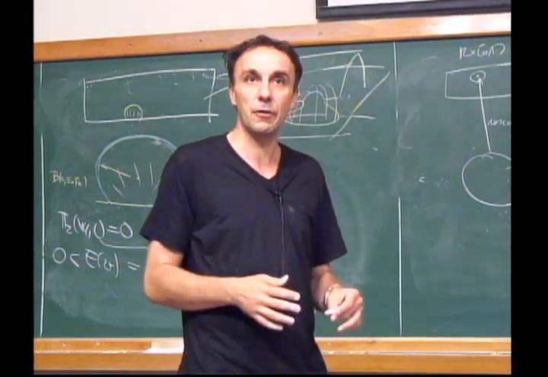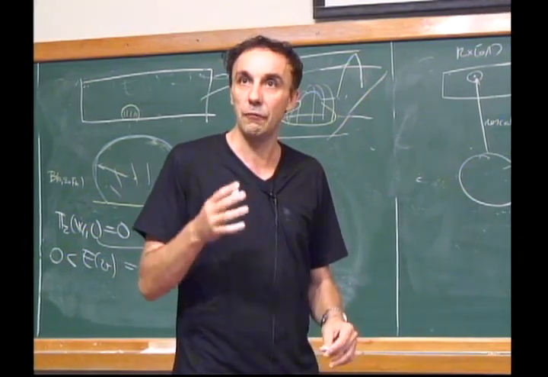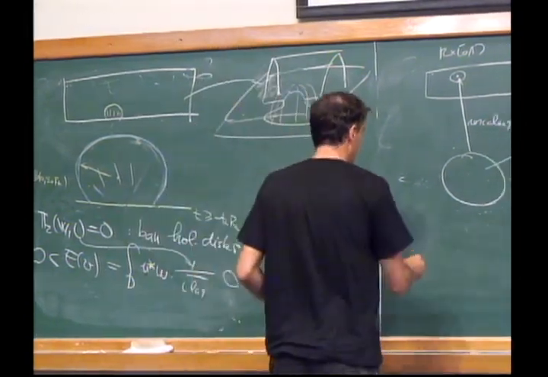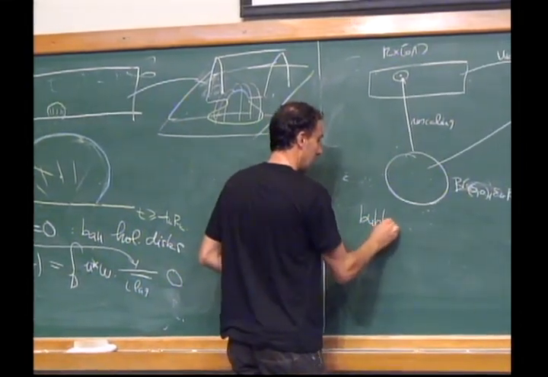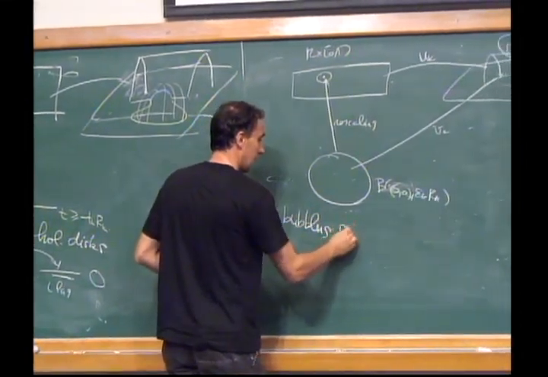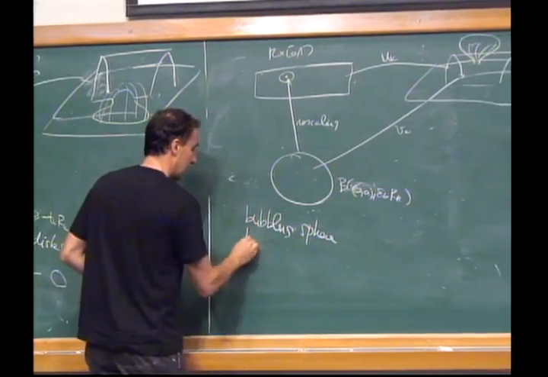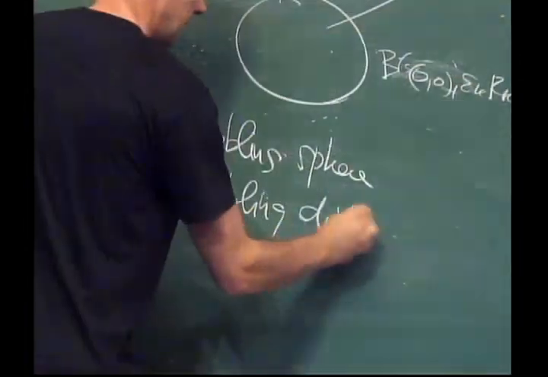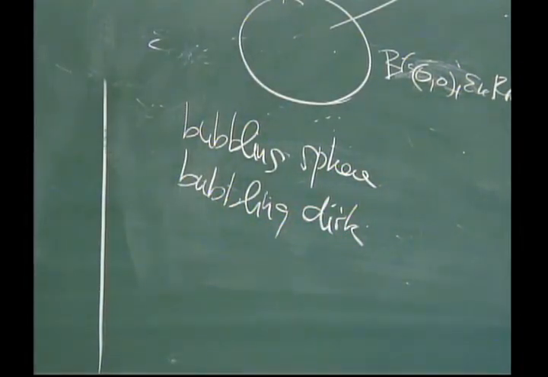And in order to have Gromov compactness, there are two phenomena you have to avoid. The one is the occurrence of bubbling. I didn't write about bubbling sphere and bubbling disk. These are the two phenomena one has to avoid. And of course, I put here the right condition to avoid them.